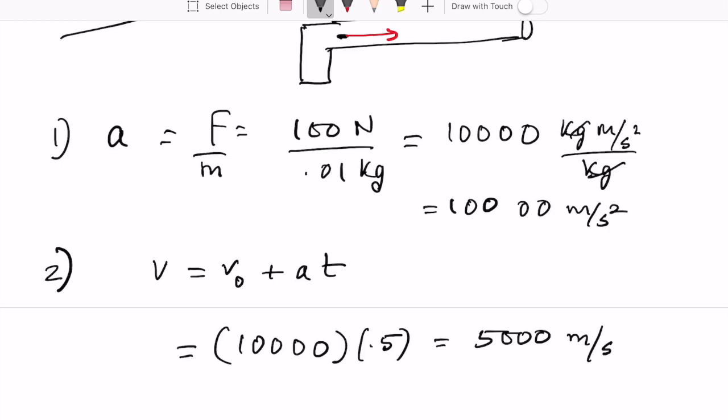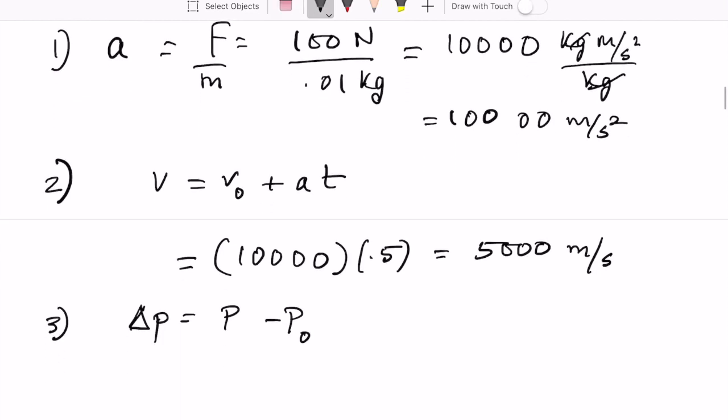Let's calculate the bullet's change in momentum. So the change in momentum delta P is always P final minus P initial. I should just stick with my notation here. I always use no subscript for final and 0 subscript for initial. The initial momentum was 0. What about the final momentum?